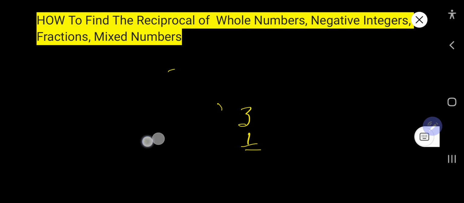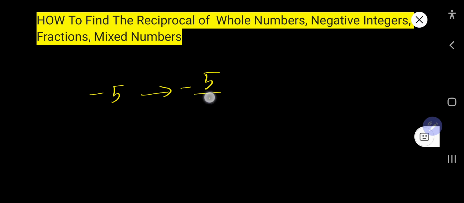Okay, now let us take a negative integer. So let's say you have the number minus 5. What is the reciprocal of minus 5? This is a negative integer. You have to maintain the same steps: rewrite it like this and just flip, 1 over 5, and take the negative sign to here.